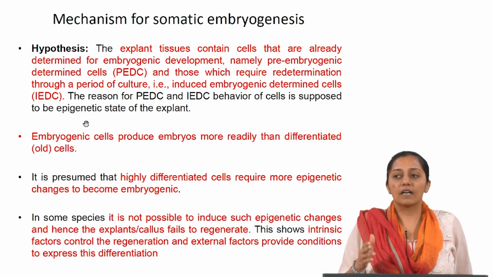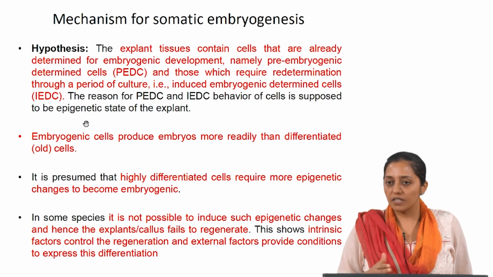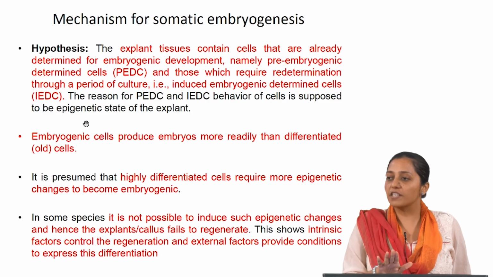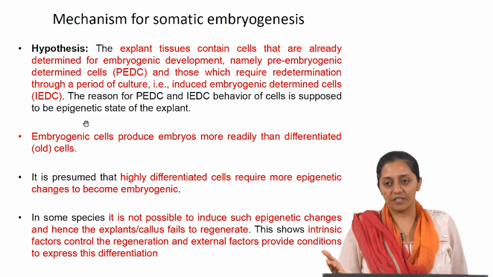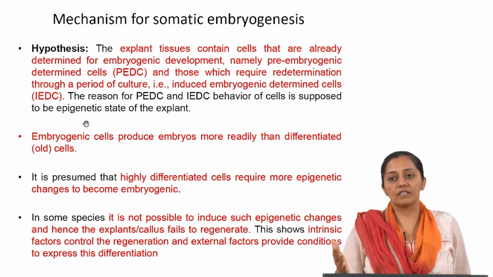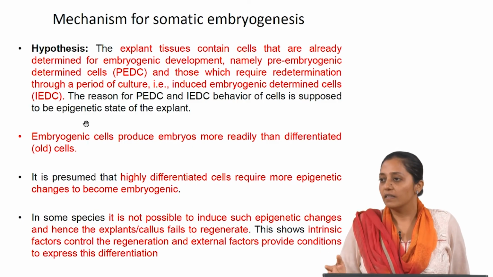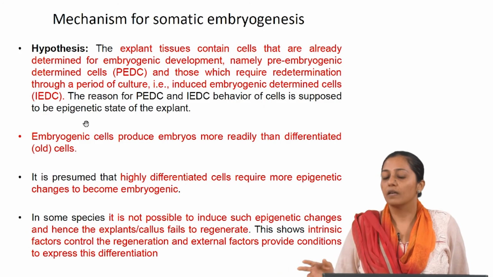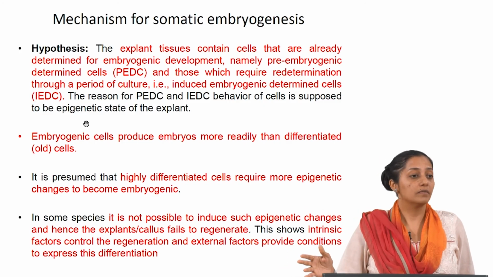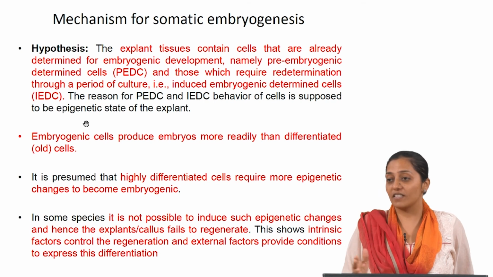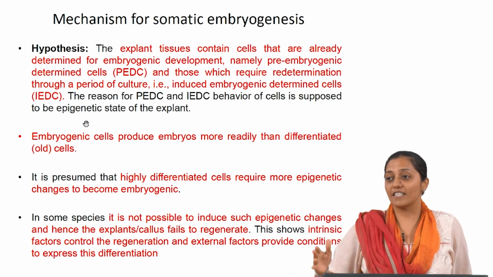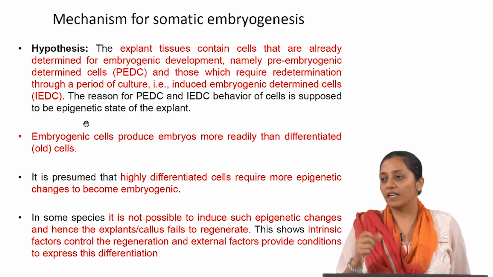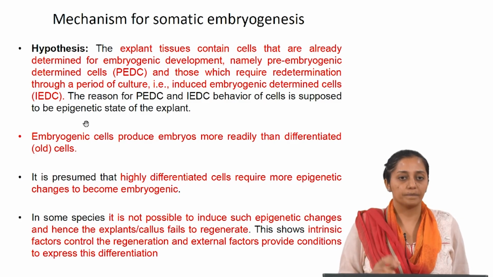The cells undergo genetic changes, in the sense that the genetic machinery which was not expressed starts getting expressed, which means what was cryptic is now expressed, thereby leading to some DNA replication and translation, thereby leading to biochemical, histological and cytological changes, which then you can see as morphogenetic events like somatic embryos.